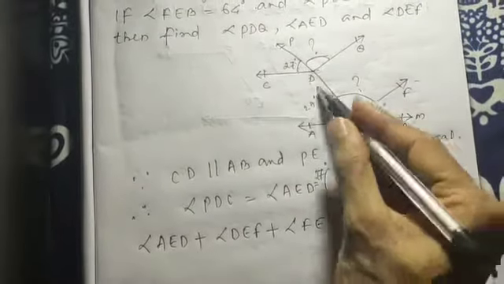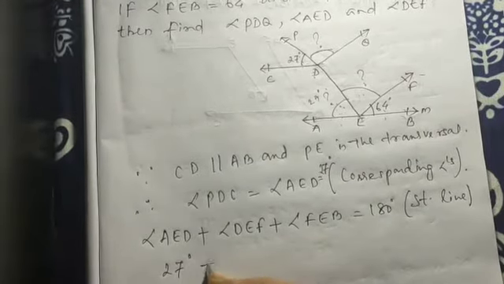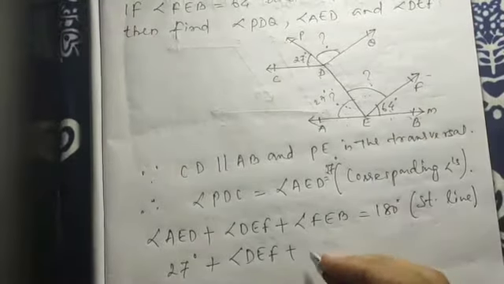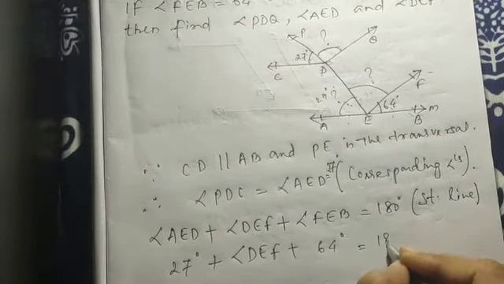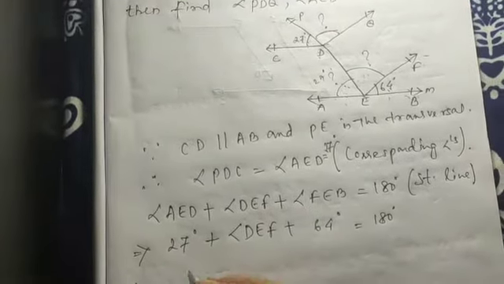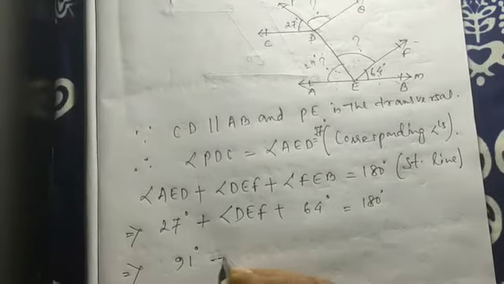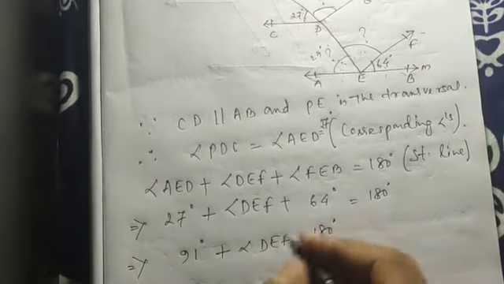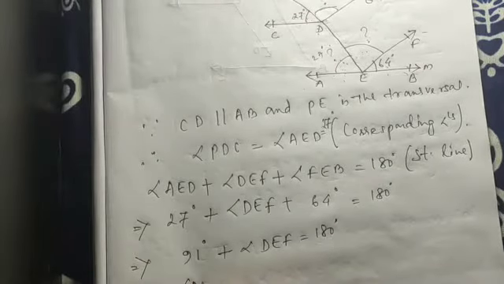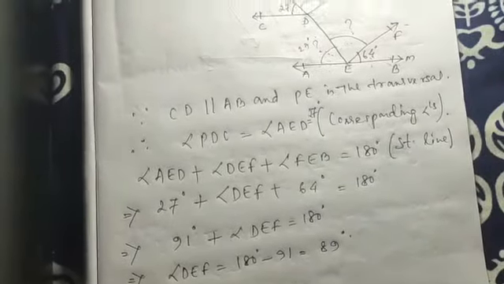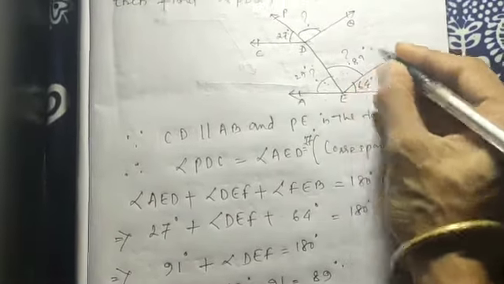So AED we got as 27 degree, DEF we have to find out, FEB it is given 64 degree, is equal to 180 degree. So 27 plus 64 it is 91 degree plus angle DEF is equal to 180 degree. So angle DEF is equal to 180 degree minus 91, that is 89 degree. Clear? We got this one as 89 degree.